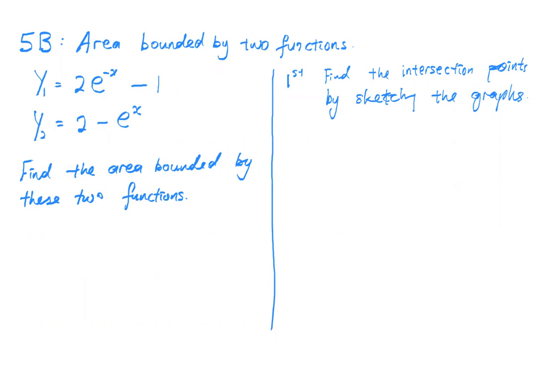Can you get the graph? Okay. So you got the graph, some sort like this. Can you get the intersection point?